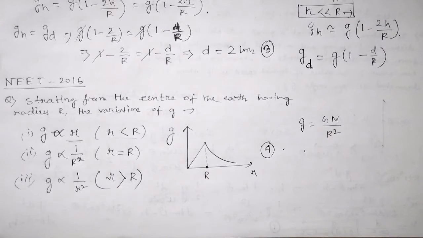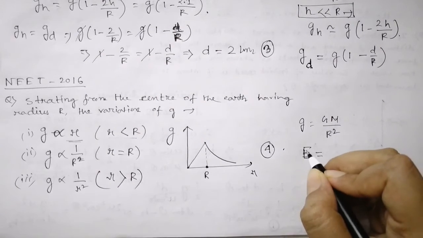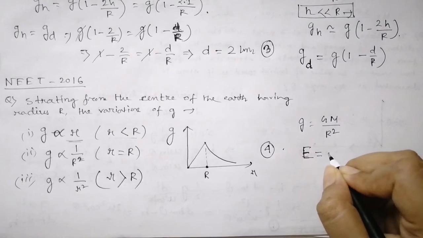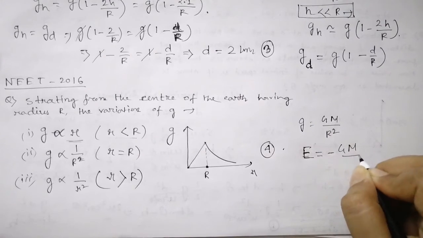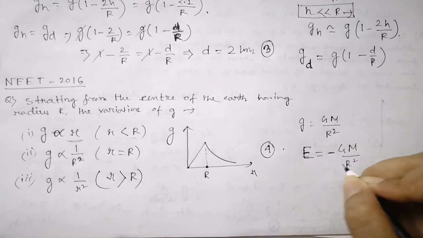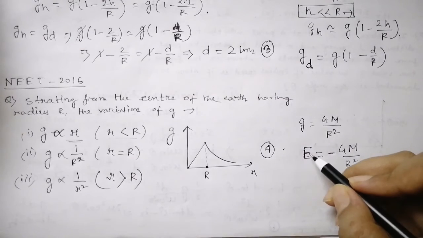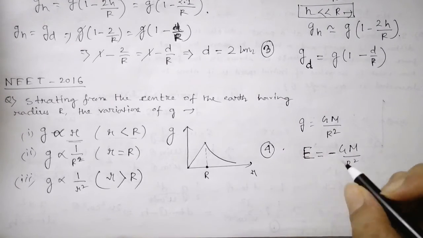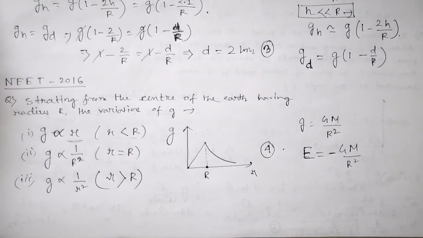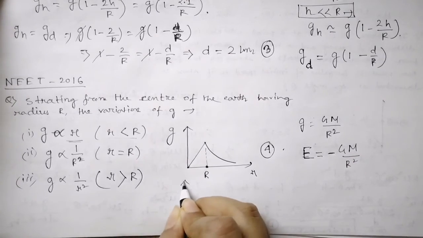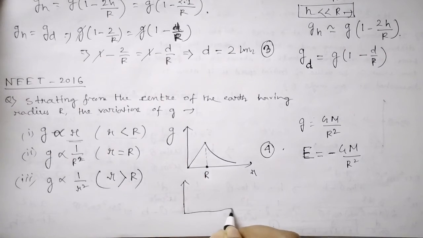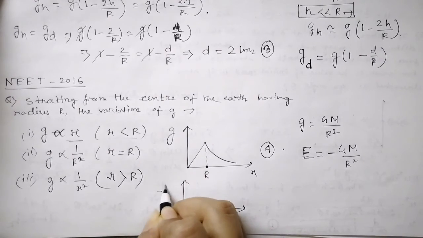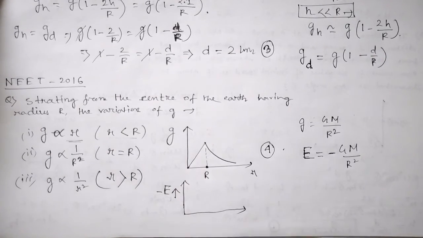In this context, I want to say one more formula was there. Gravitational field intensity is also given by the formula GM by r square, but there is a minus sign. So the plot of gravitational field intensity and distance will be the same as g, but the difference is it will be minus E against r.